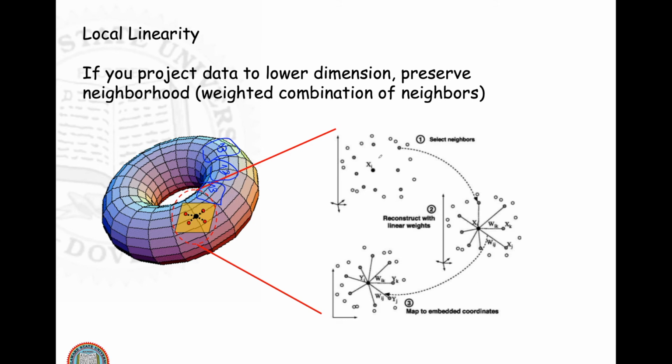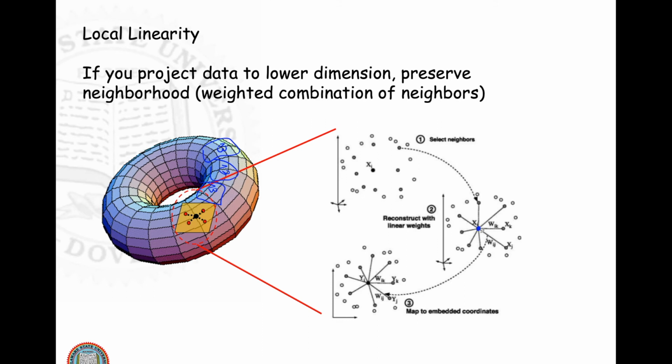And so we start out for each data point xi, we select all the neighbors that are closest, and we're going to measure closest using k nearest neighbor. And then we're going to reconstruct the points xi through linear combination of their neighborhood. So here's xi in the center.